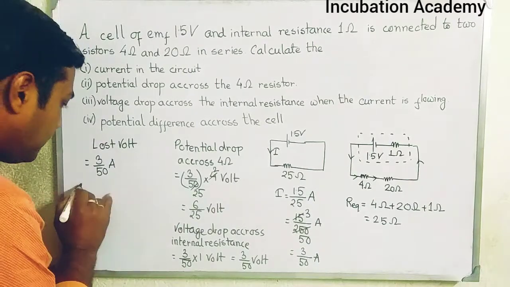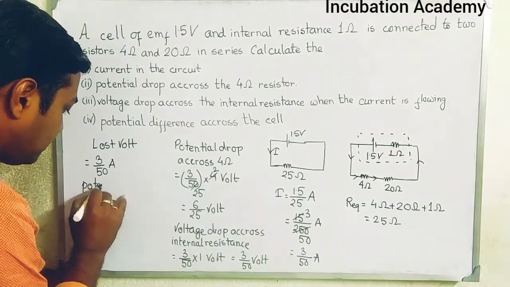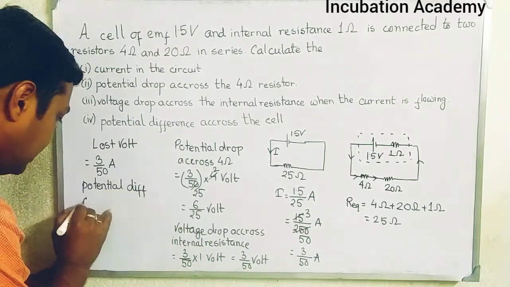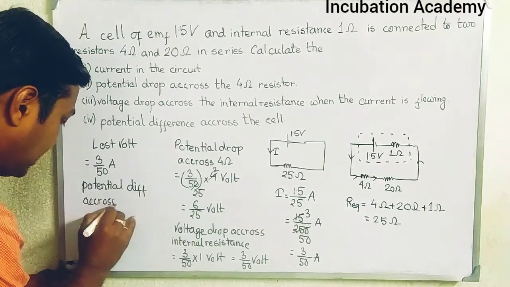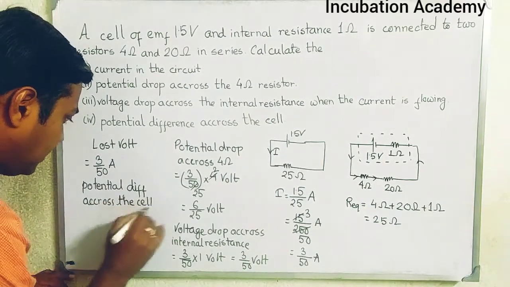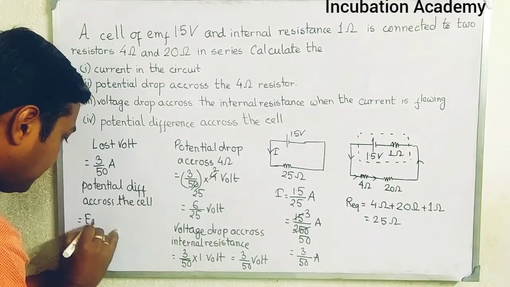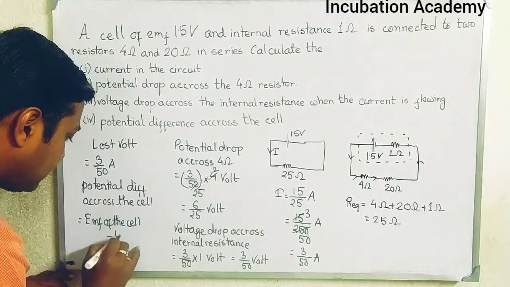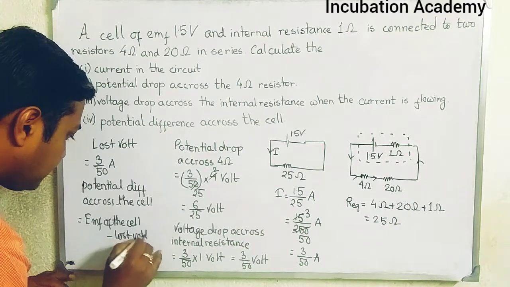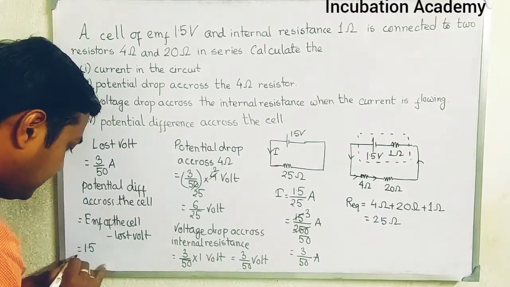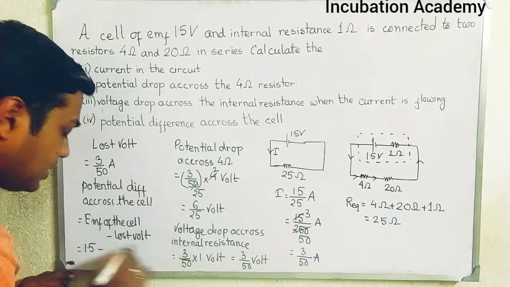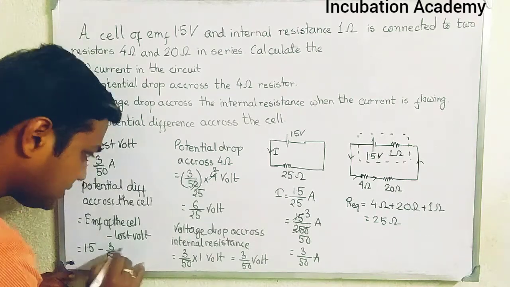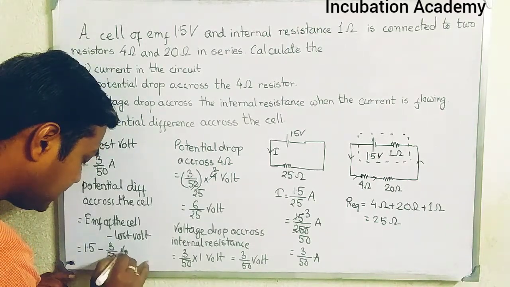So the potential difference across the cell will be EMF of the cell minus lost volt. What is the EMF of the cell? 1.5. What is the lost volt? Lost volt is 3 divided by 50 volt.